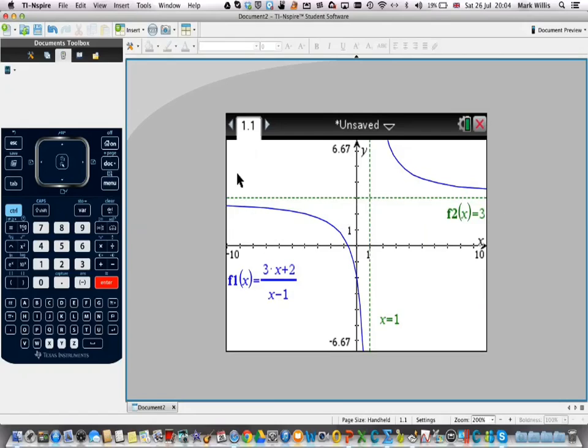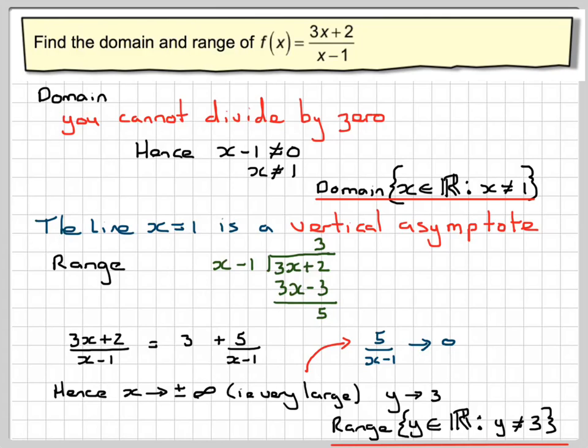Okay, we get a nice looking graph there, so we can see very easily that we have an asymptote here and an asymptote here. That lets us see easily that y will never be equal to 3, x can never be equal to 1. The line y is equal to 3 is a horizontal asymptote.